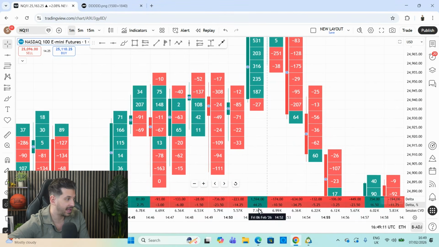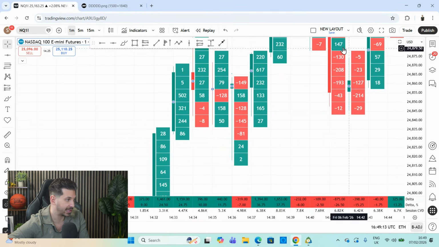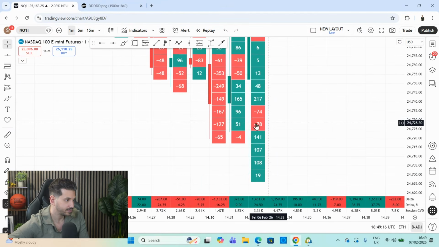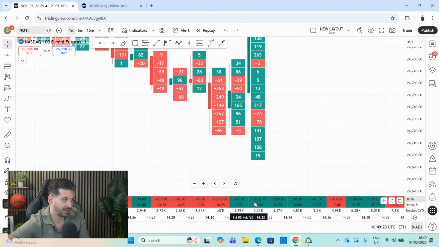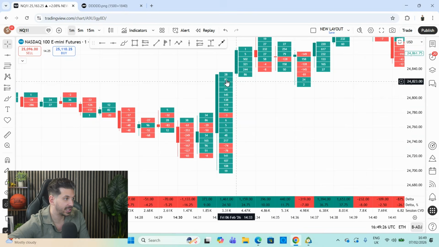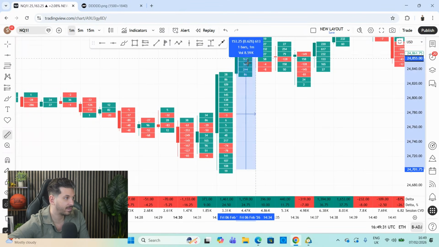If we find a candle with similar volume, I think the open candle was similar. Well, not quite the open. But yeah, look, this candle here had 1,461 extra buyers, so a tiny bit less. But look at that candle in comparison. It is ginormous, right? It stretches from high to low.